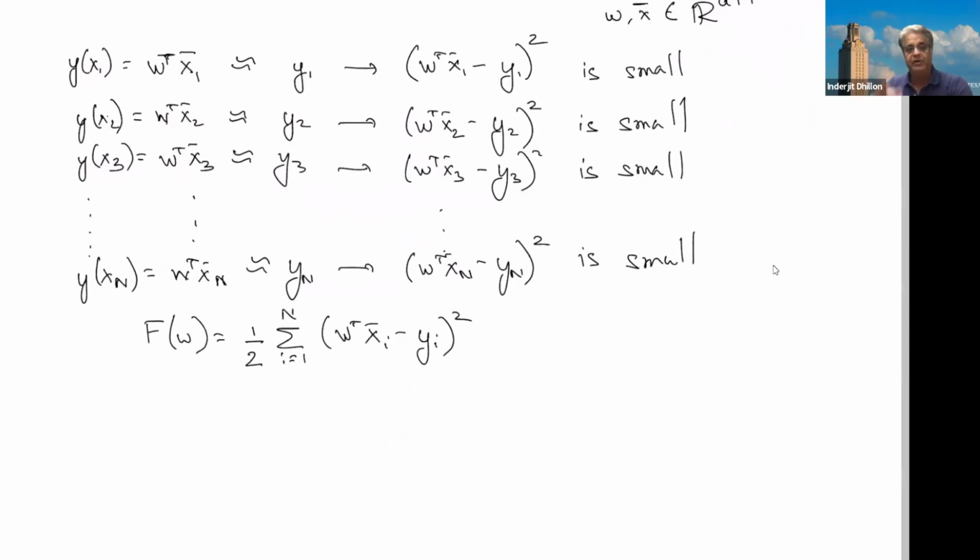This is a measure. So given the particular W, this gives a measure of the error on the training data. And in particular, this is the least squares error on the training data. Okay. So one goal, what do we want to do? We want to make this small, right? Like I've written above. The one goal is to find the W such that I minimize f of W. And this is called least squares regression.